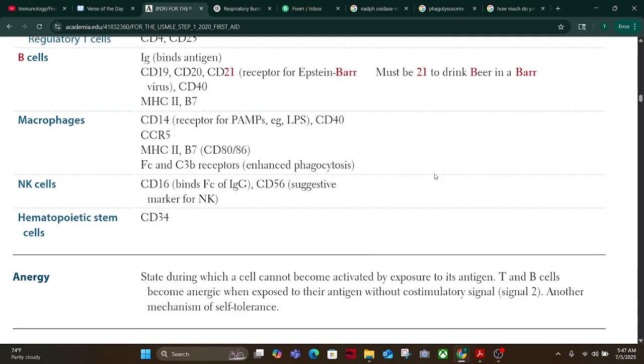Yeah, so natural killer cells have CD16 and CD56 on them. CD16 binds Fc region of IgG.